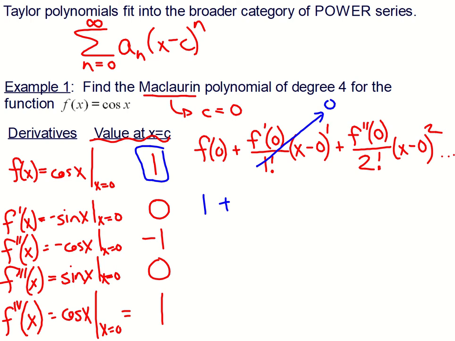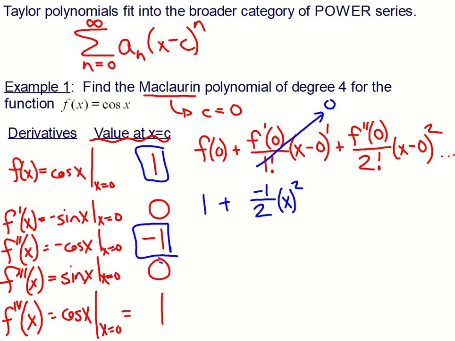F double prime of 0 is negative 1, so this would be negative 1 over 2 factorial, which is 2, times x minus 0 squared. Then I would have the third derivative evaluated at 0, but that's 0, so that whole term is going to go away there. This one was not a 0 term. I was okay on that one.